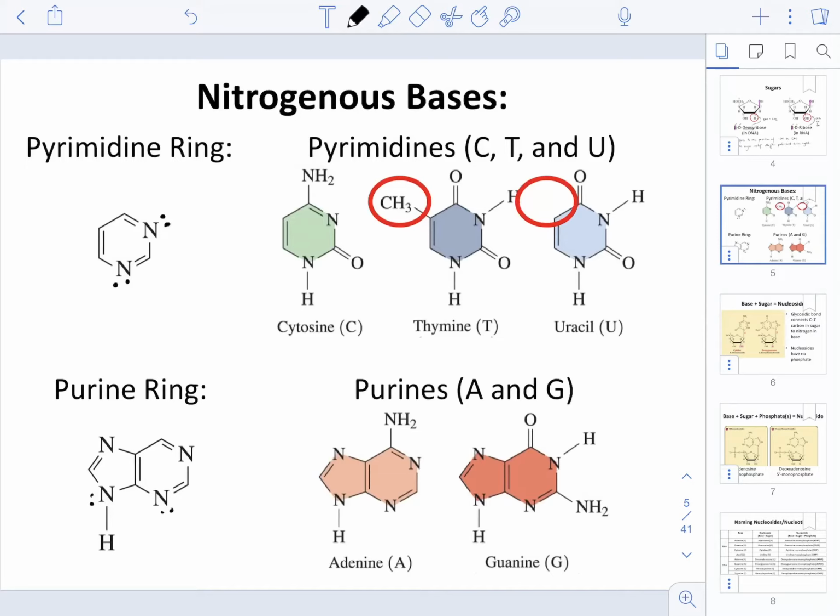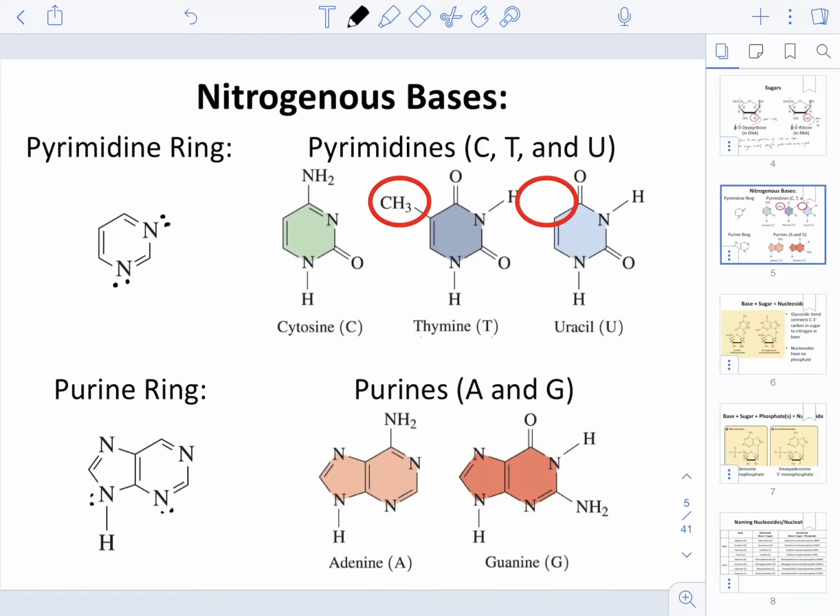And I explained a few moments ago how thymine is present in DNA, uracil is present in RNA, and if we look at their structures, the difference between them is that methyl group on the left side of the molecule. When it comes to the nitrogenous bases that contain a purine ring, they are only adenine and guanine.